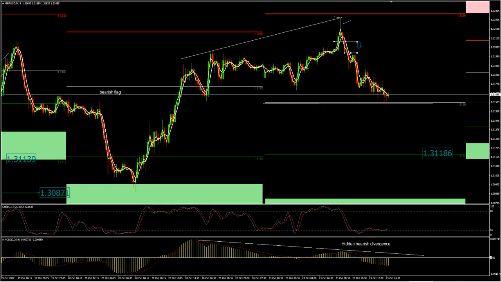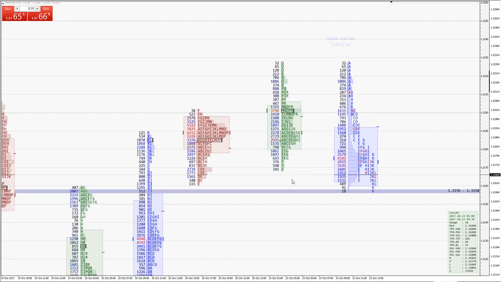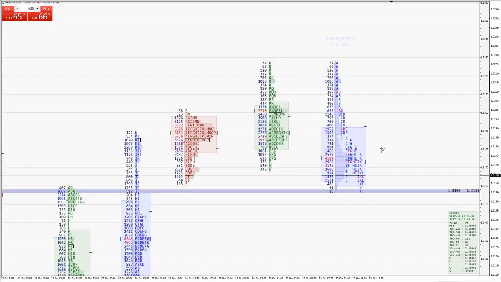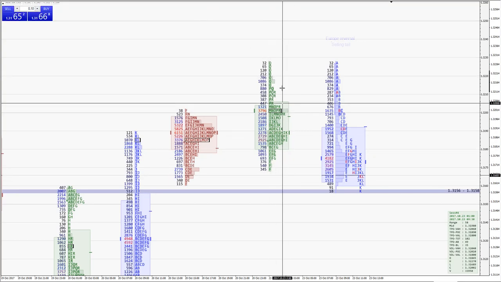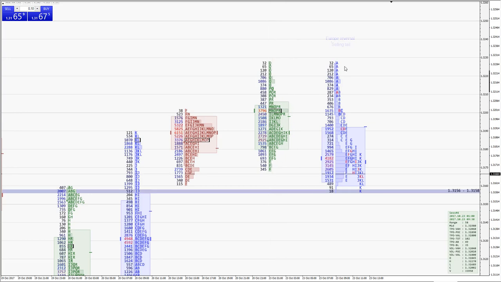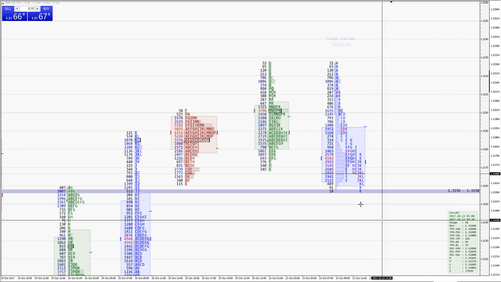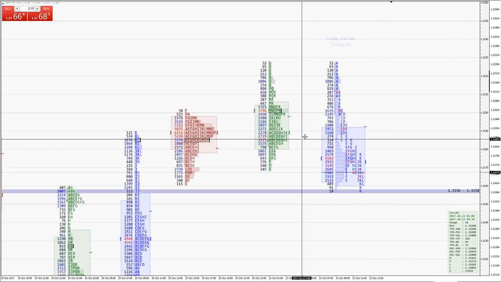Now, if I go here, this is a market profile, basically a session separated market profile. This green profile represents the overnight or Asia session, and this blue one right now represents the Europe session. Very soon we will open the New York session in about 10 minutes.